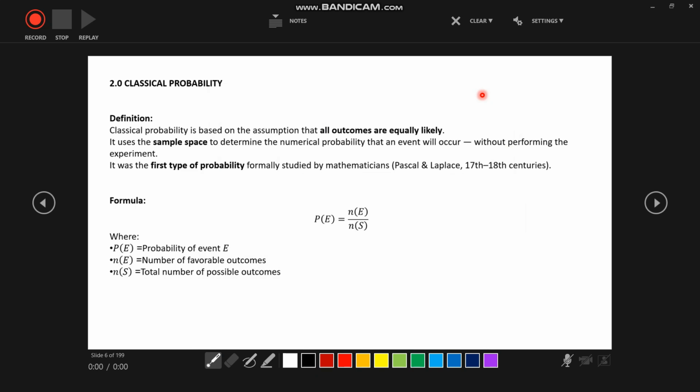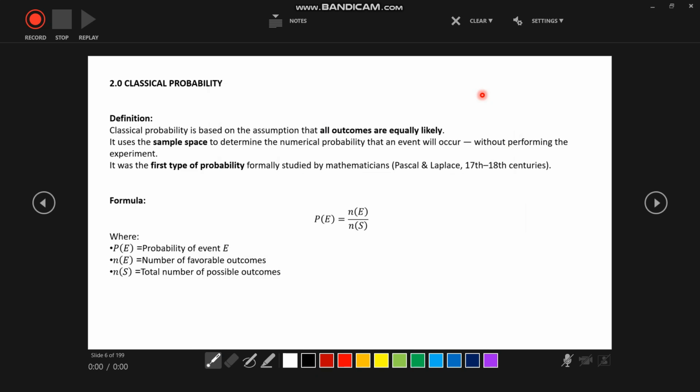But in the classical approach, we use already known data. For example, when you roll a die, you already know the possible outcomes, and the possible outcomes are 1, 2, 3, 4, 5, 6. So you can find the probability of any event from the data that we have.